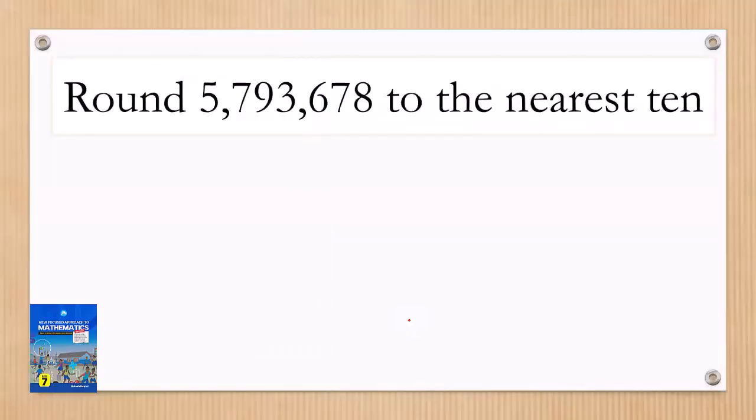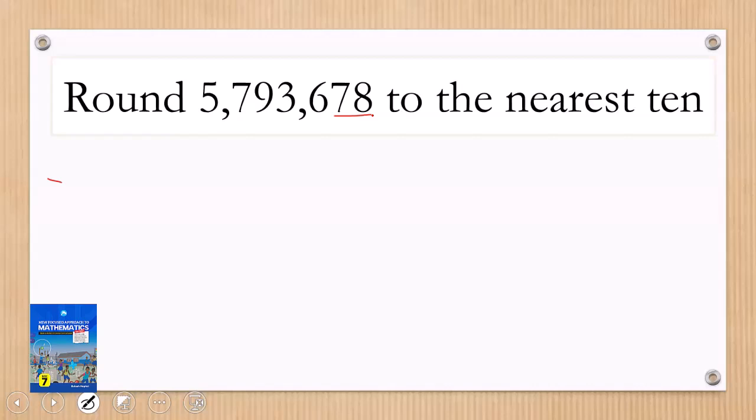Now, the first question says round off 5,793,678 to the nearest 10. Because we are dealing with the nearest 10, our focus is on the 10. Remember, 10 says 10, 20, 30.